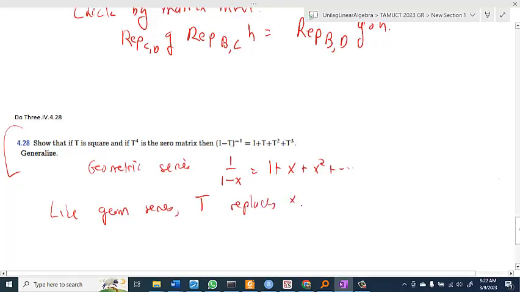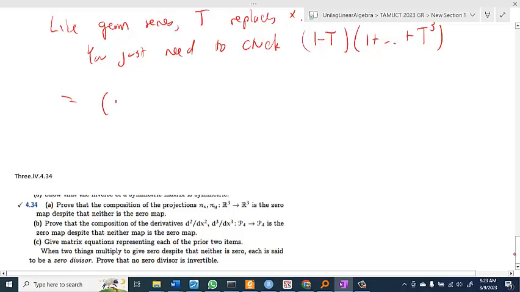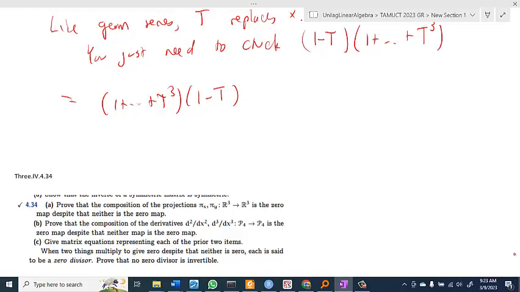And for this one, you just multiply it out. You just need to check that 1 minus T times this guy here, 1 plus T plus dot dot dot plus T cubed, is equal to 1 plus dot dot dot plus T cubed times 1 minus T. I should have said I minus T. It's not really 1, it's I, but the I functions as an identity, is equal to the identity.